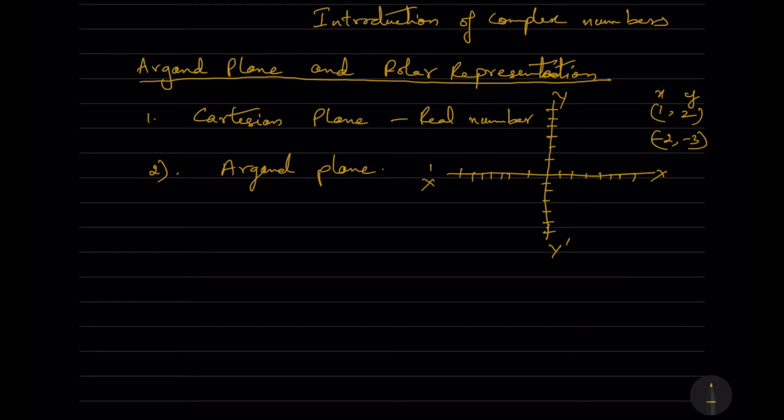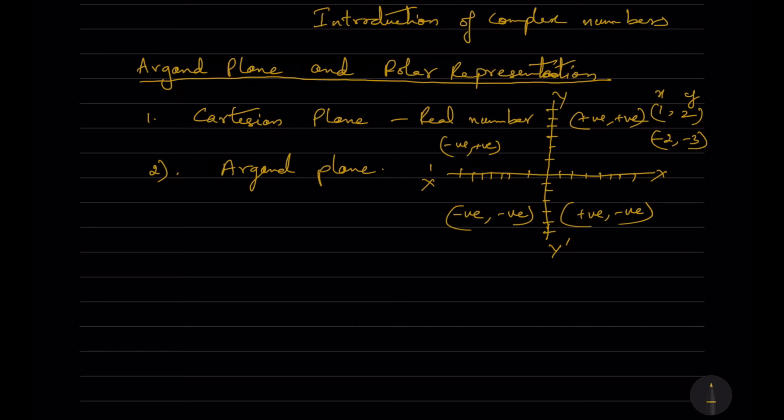In the first quadrant you have both x and y positive. In the second quadrant you have x negative and y positive. In the third quadrant you have x negative, y negative. In the fourth quadrant you have x positive and y negative. So it is divided into these 4 quadrants in this way.